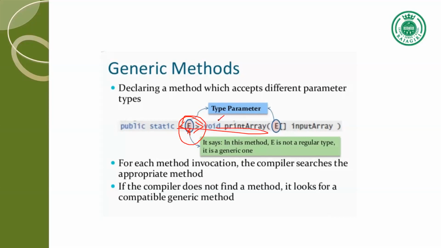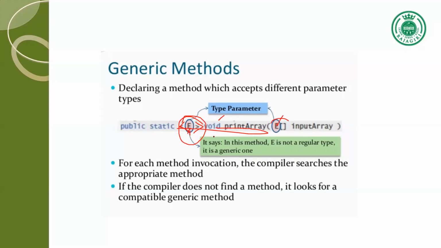My return type is void. So just before my return type, I will have my type parameter. And then even in your parameter section, to declare which data type you are using, you can use your type parameter. The type parameter I have given here is E. So this is how you have the syntax of a generic method.